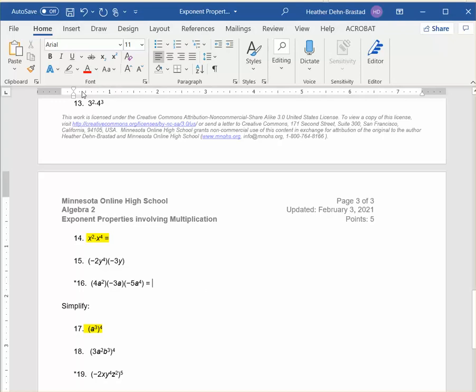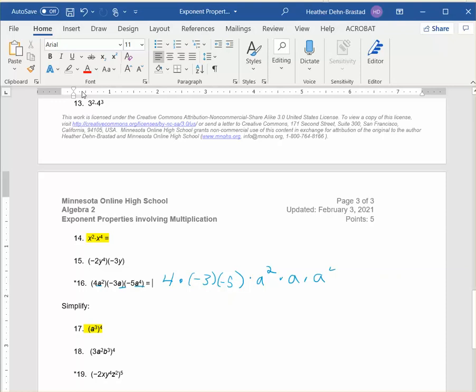So I'm just going to rewrite this with the number parts, the coefficients, in front. So we have a 4, we have a negative 3, and we have a negative 5. And then I'm going to put all the variable parts. So I have a squared, I have an a, and I have an a to the fourth.